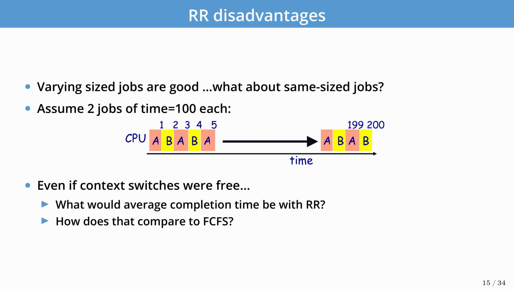But if context switching between these threads or processes isn't free, which we know it isn't, we discussed how this is costly in several lectures, then this policy is going to take some amount of time longer to run than a normal first come first serve policy.